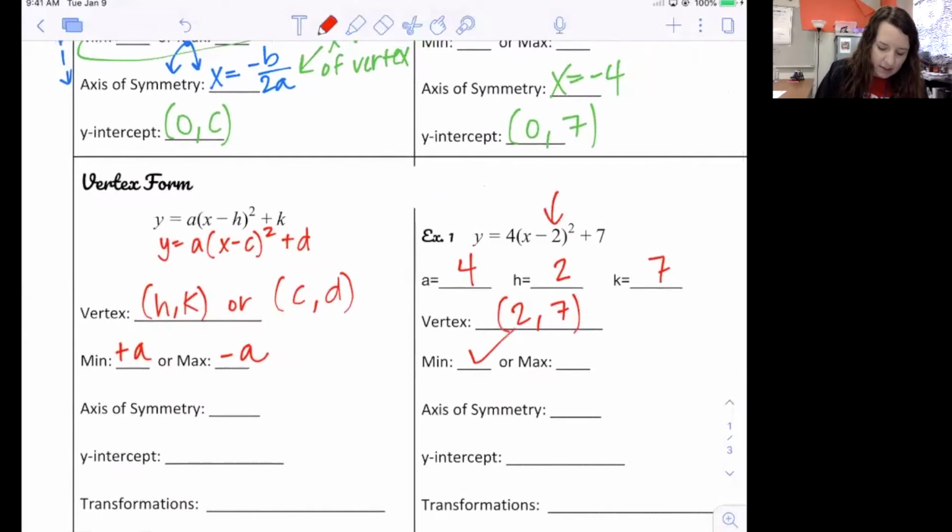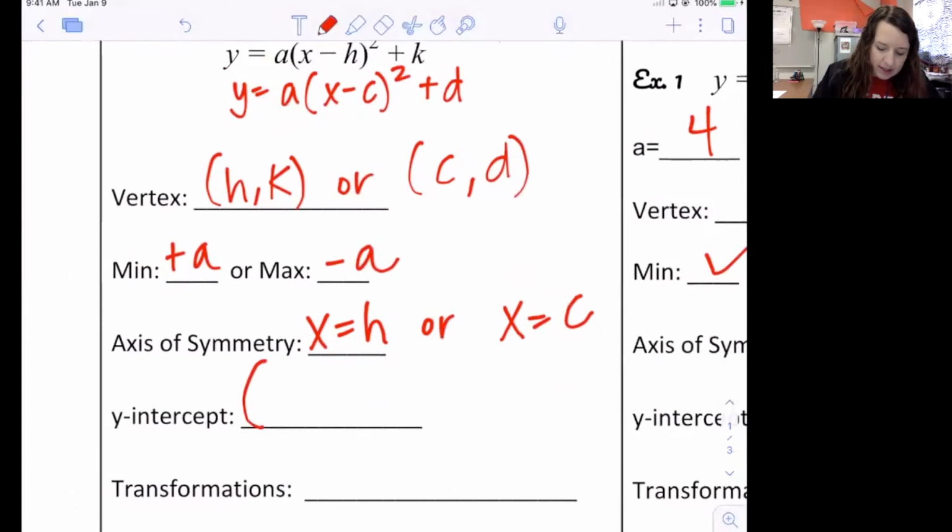Axis of symmetry is going to be located at x equals h, or you could say x equals c, exactly the same as absolute value. Okay, for this one, we have a c value or an h value of 2, so we have an axis of symmetry at x equals 2. For your y-intercept, in standard form, we were able to easily get that from our equation, but for your y-intercept here, it's going to be at the point 0, f of 0, meaning we plug in a 0 for x to get our y value.